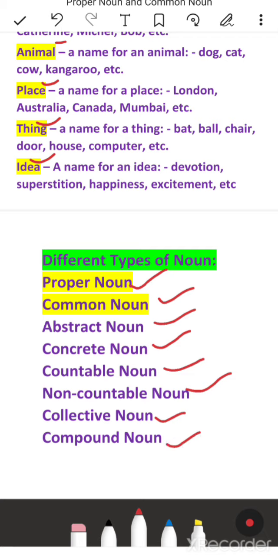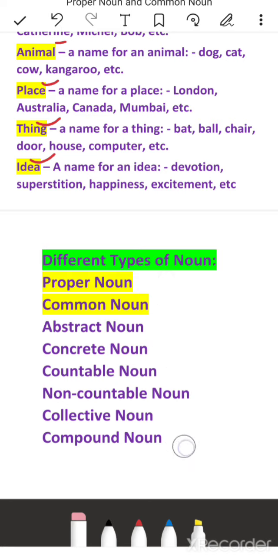If you go to the higher classes, you will see there are only two types of noun: one is abstract and another is concrete, and within abstract and concrete all the nouns are classified. But as we are learning the basics here, we will learn in detail.